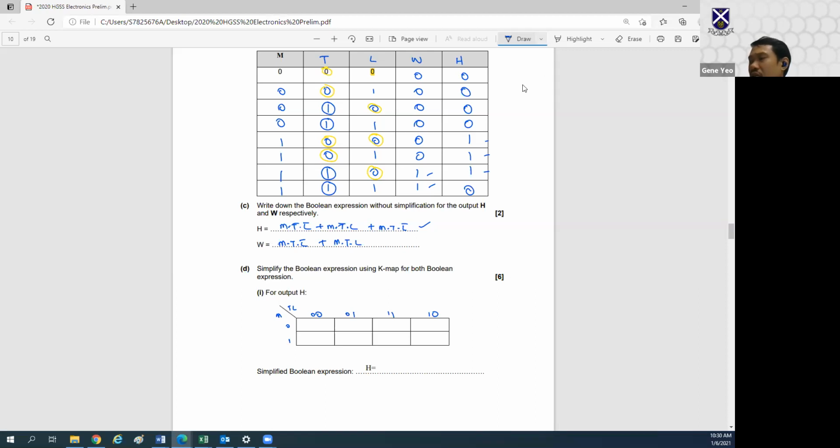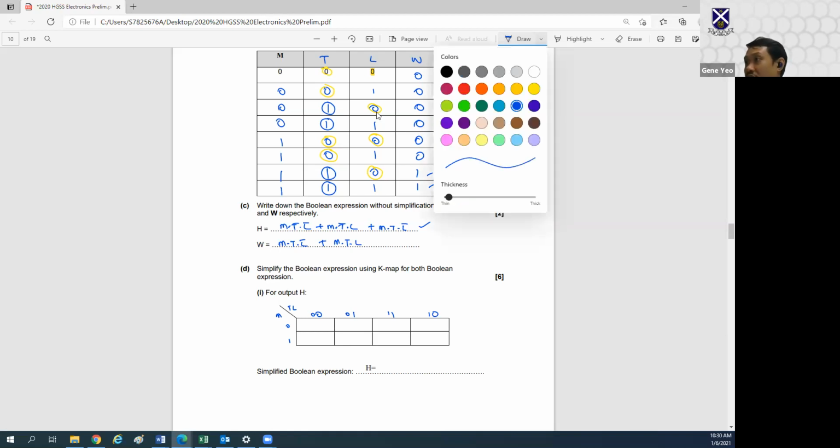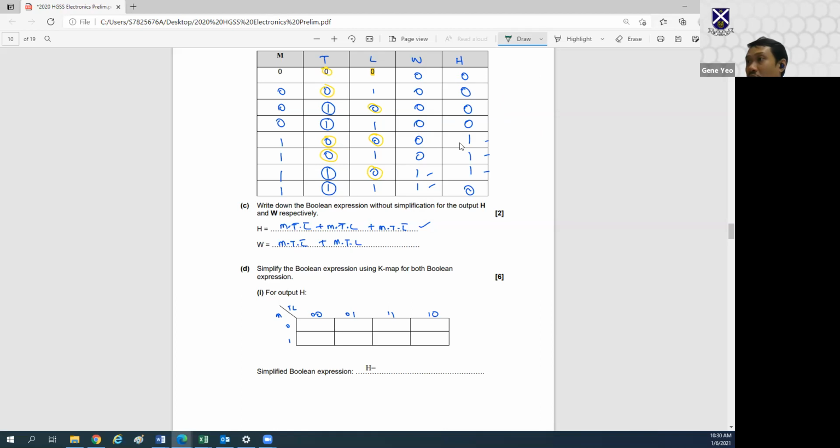Use green. Green seems like a nice color. So for H, these are my 3: 1, 0, 0. This is 1, 0, 0, which gives me a 1. So I'm looking for 1, 0, 0.